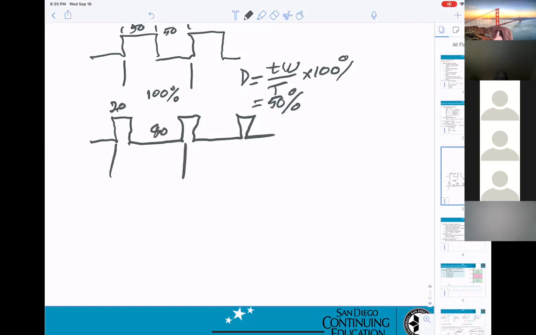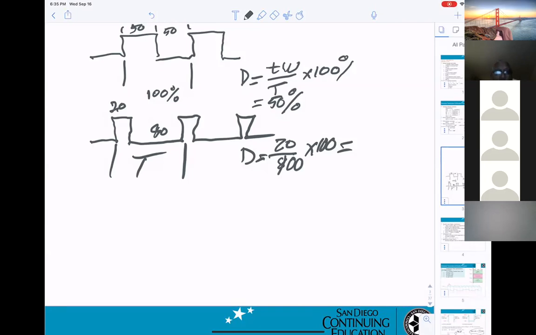So the duty cycle D equals 20 divided by 100. How many percent? 20%.